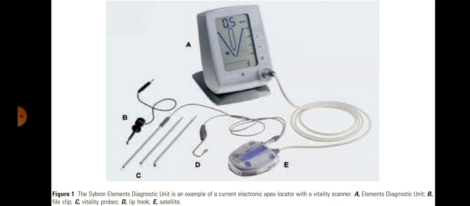Picture A shows the Elements Diagnostic Unit, picture B shows the file clip, picture C shows vitality probes, picture D shows the lip hook, and picture E shows the satellite.